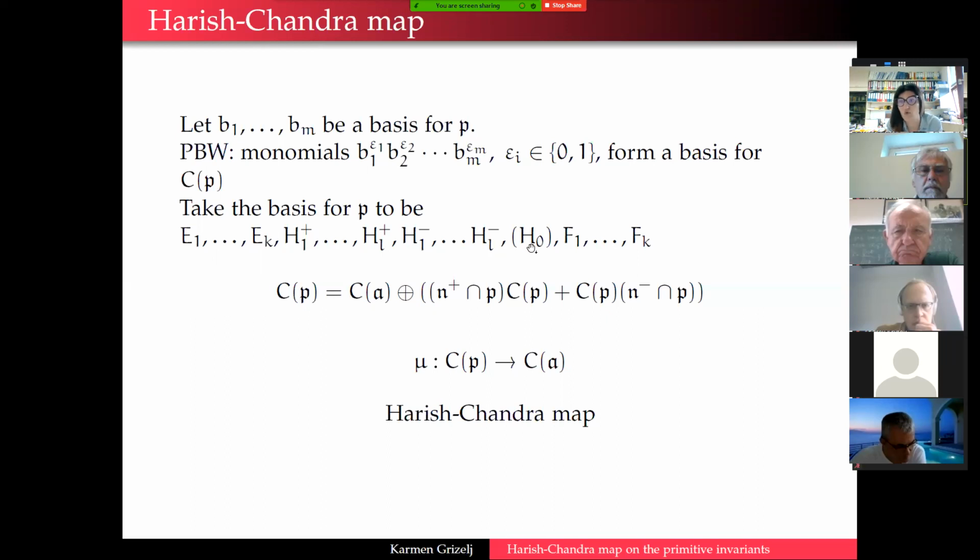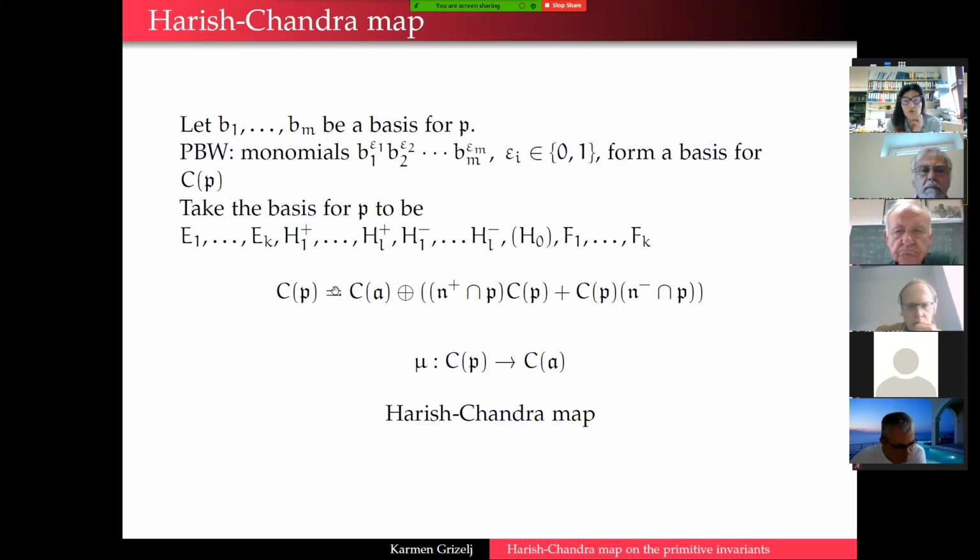Again, H0 only in the odd dimensional case. Now using this basis, we can see that the Clifford algebra of P can be decomposed as the Clifford algebra of A plus, well, these guys are just positive weight vectors in P times the Clifford algebra of P, and the Clifford algebra of P times negative weight vectors.